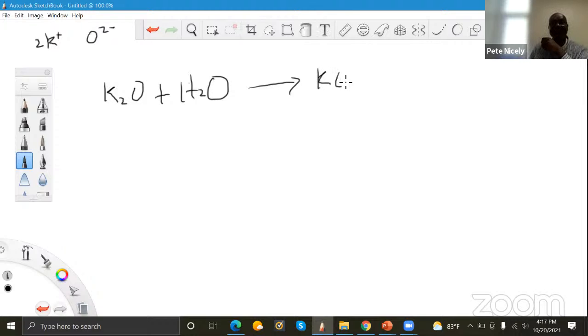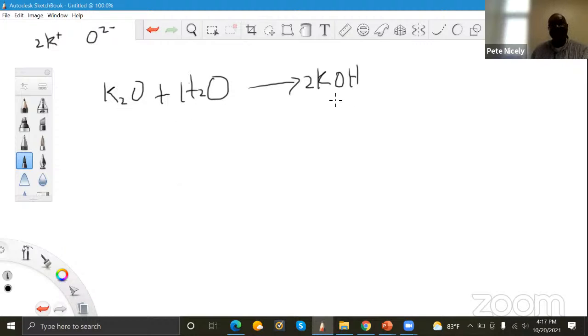Okay, very good. So that's the unbalanced equation. So how do we go about balancing this? Put a 2 in front of the KOH. And is that it? Yeah, I think so. Everything is balanced.